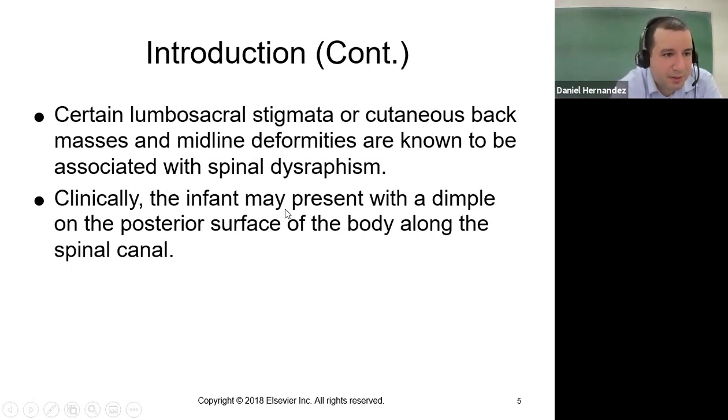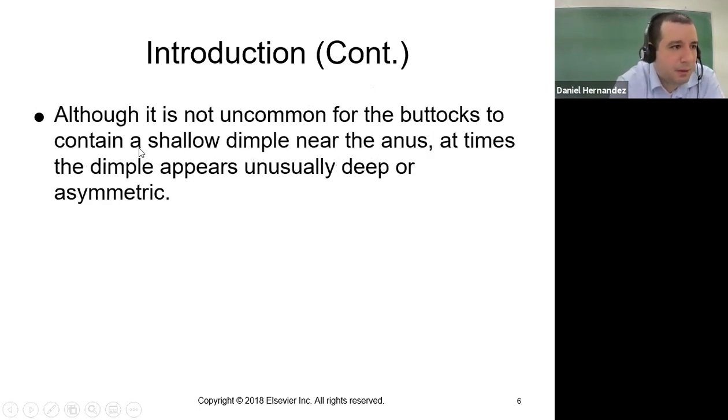Clinically, infants may present with a dimple on the posterior surface of the body along the spinal canal. Although it's not uncommon for the buttocks to contain a shallow dimple near the anus, at times the dimple may appear unusually deep or asymmetric.